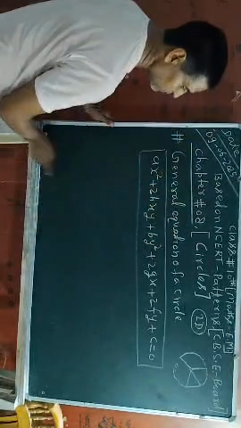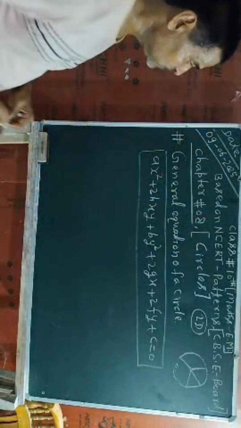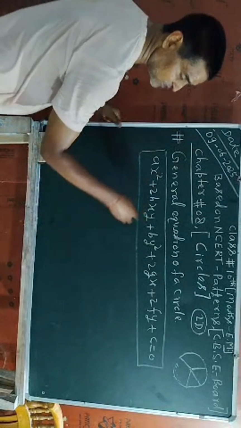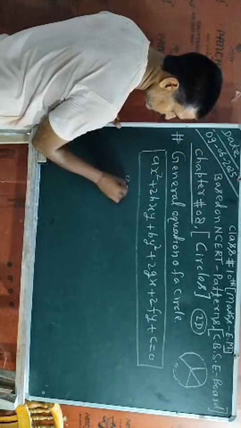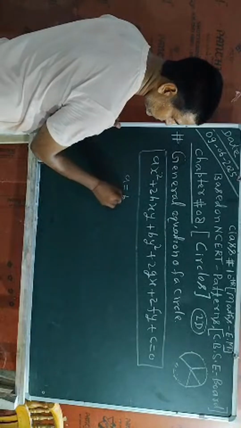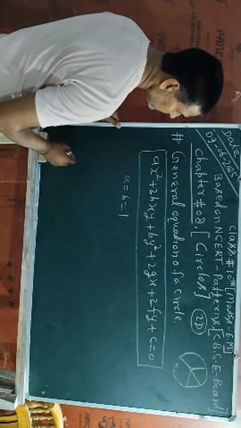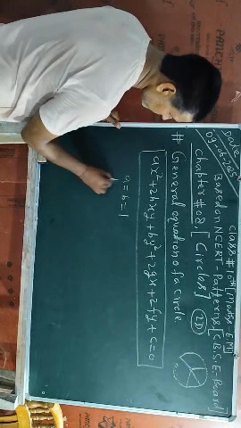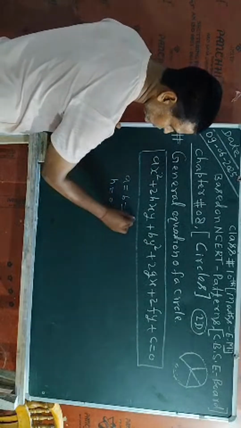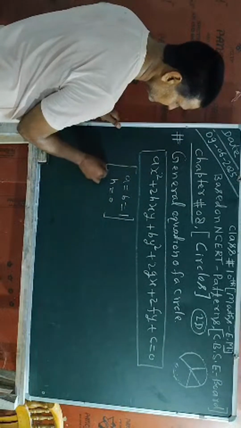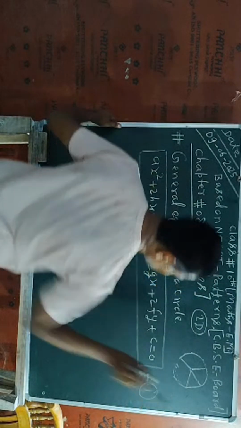Now further I will explain the concept of the general equation of a straight line and the general equation of a circle. When I put the value of a equal to b, and that will be equal to 1, and the value of h which is equal to 0, if I put these conditions in equation number 1, I will substitute these values in equation number 1.